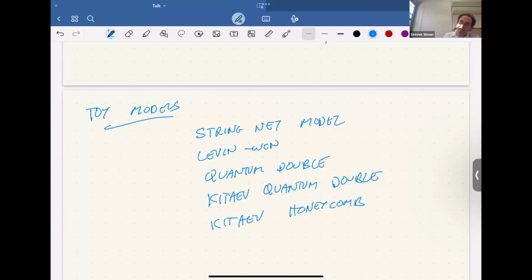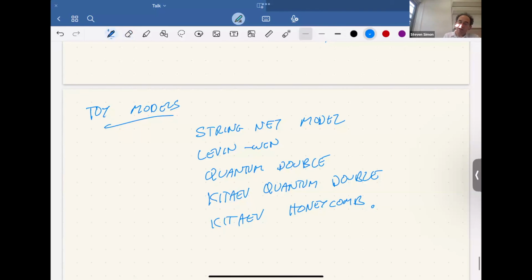This is a little less exactly solvable, but it's pretty much exactly solvable. So Levin-Wen and string-net are pretty similar, almost exactly the same. Quantum double model is just another name for these, sort of more generalized. Kitaev quantum double, I mean, these are all sort of lattice models, which are somewhat a little bit artificial. Kitaev quantum double model is basically a lattice gauge theory. And these are all pretty much exactly solvable models, which you can play around with without approximations.